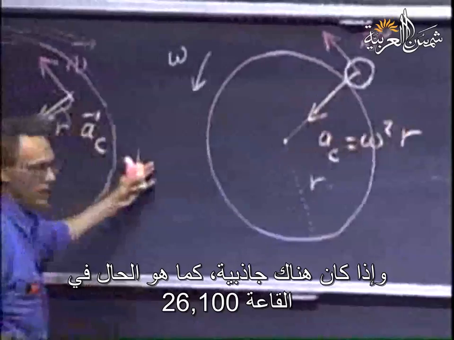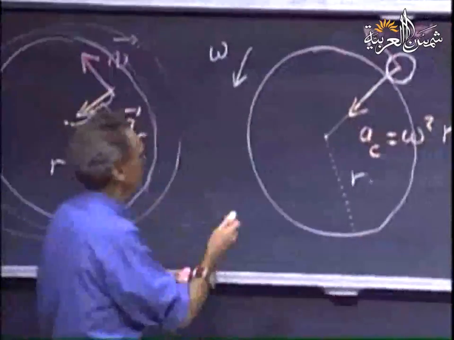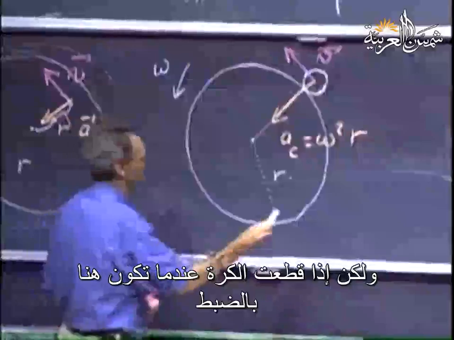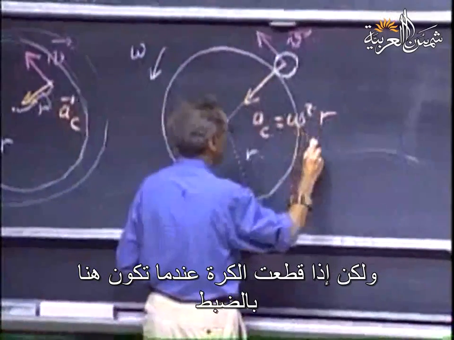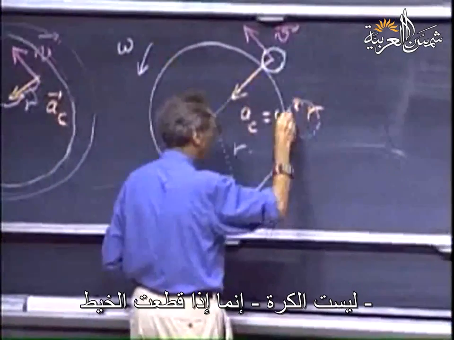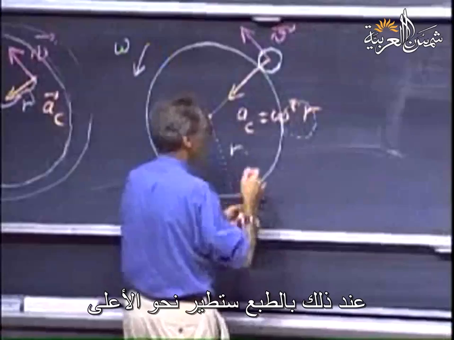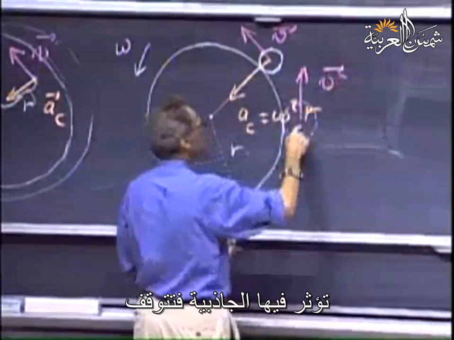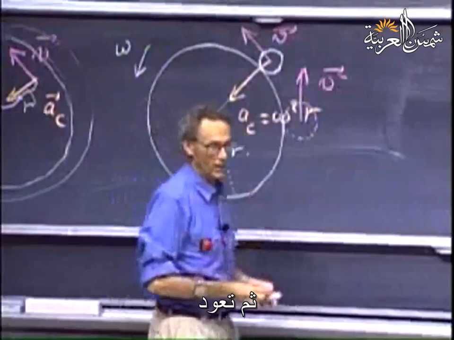And if there were gravity here, as there is in 26/100, it would become a parabola, and it would end up here. If, however, I cut the string exactly when it is here, then of course it would fly straight up. Gravity would act on it, it would come to a halt, and it would come back.